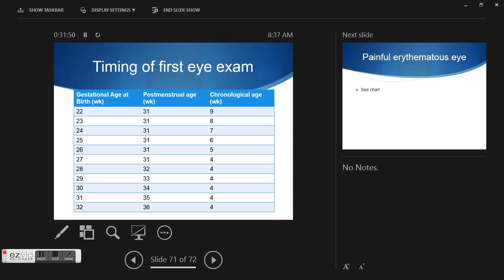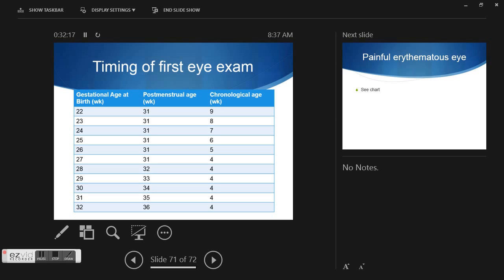And then any time that the baby is born after 27 weeks, you wait until they're 4 weeks of chronologic age before you screen them. So just remember up to 31 weeks if they're younger than 27 weeks gestation, and after 27 weeks, you wait until they're at least 4 weeks of age before you screen them.